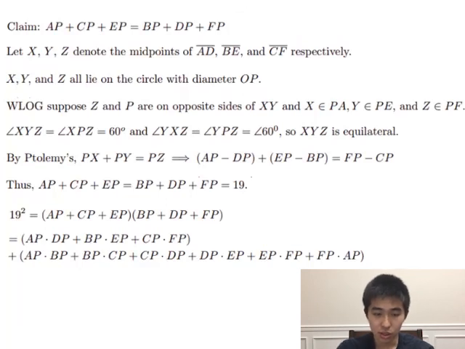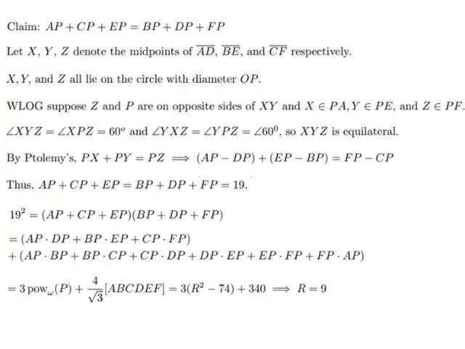So therefore, we have that the area of the entire hexagon is just √3 over 4 times the sum of the products of each adjacent pair of segments from P. So this means that the expression becomes 3 times the power of the point P plus 4 over √3 times the area.